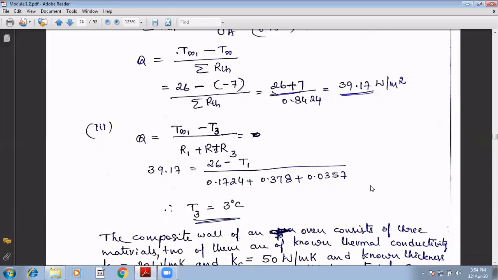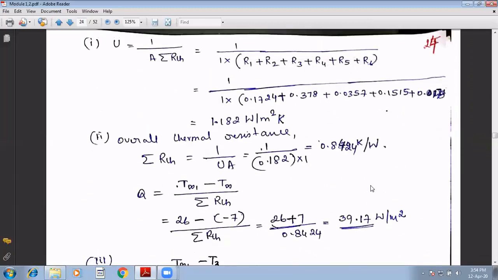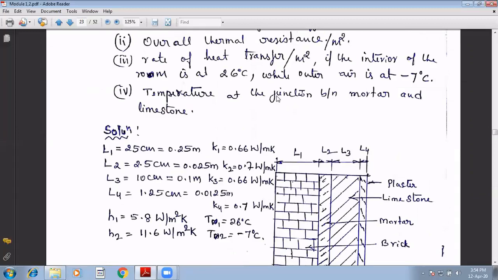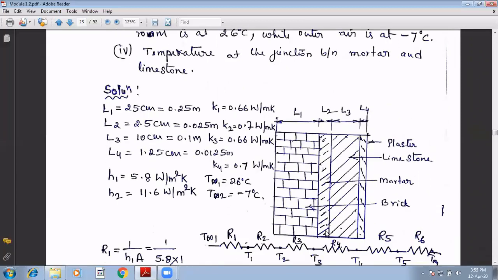Next, he has asked what is the intermediate temperature at the junction between mortar and limestone. So we have mortar here and limestone here. He has asked you to calculate this intermediate temperature. Now how to do this? We will consider this as well as this resistance.